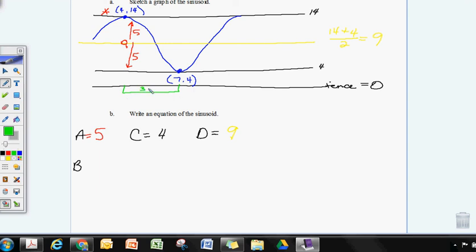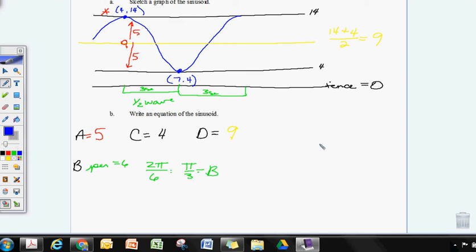That 3 seconds is half of the wave. So now I know to finish the wave, it would be another 3 seconds. So my period equals 6. So 2 pi divided by 6, which gives me pi over 3, is my B value.